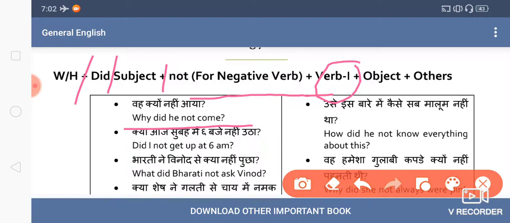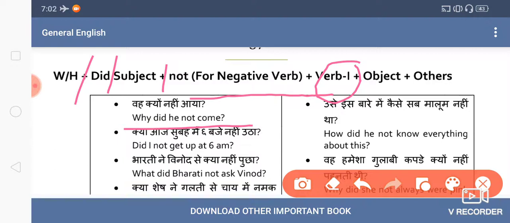So this is all about past indefinite tense. I hope you will remember it. Please pause the video, see the structure, and make sentences again and again. One thing I want to tell: this is the only tense where we use the second form of the verb, and that also we do not use in all sentences.